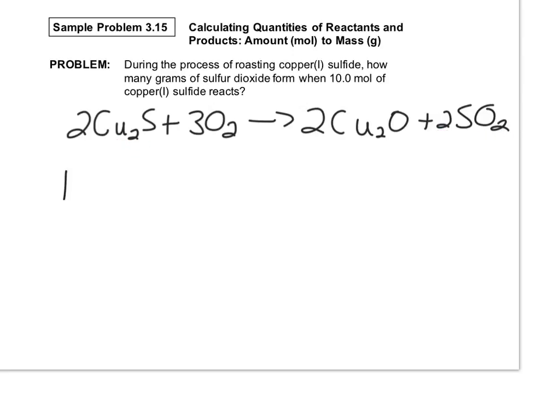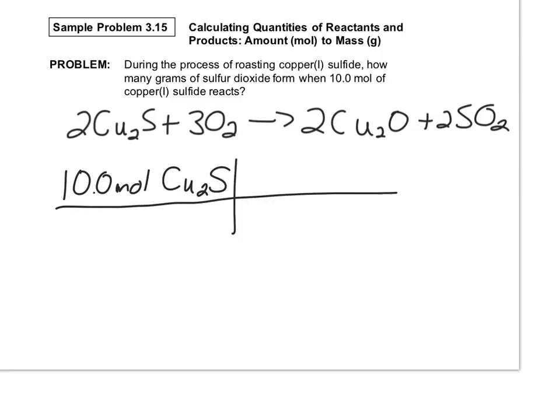So let's start to write this down. I've got 10 moles of copper sulfide, and I'm interested in sulfur dioxide. So from my balanced equation, for every 2 moles of copper sulfide, I can form 2 moles of sulfur dioxide.